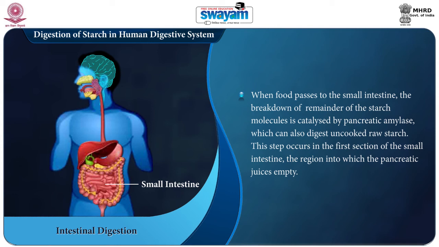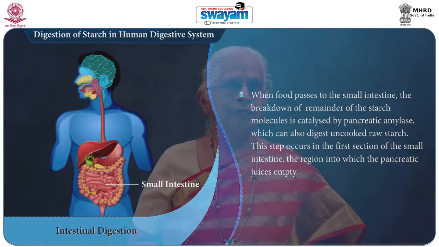This step occurs in the duodenum, the first section of the small intestine, the region into which the pancreatic juices empty. The dextrins and oligosaccharides produced by pancreatic amylase hydrolysis are ultimately broken down to glucose by other enzymes secreted by the mucosal cells in the brush border of the small intestine, and are then rapidly absorbed through the small intestinal wall.